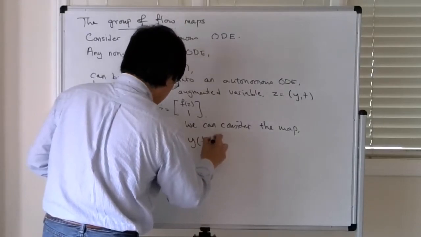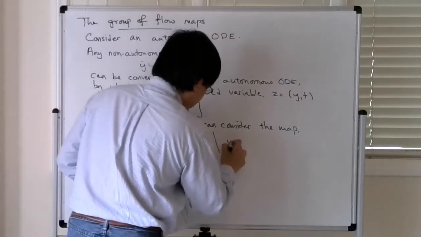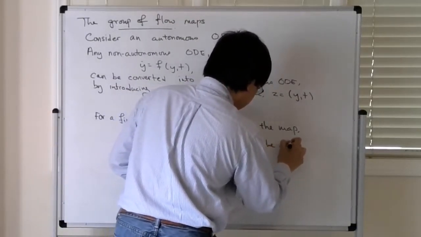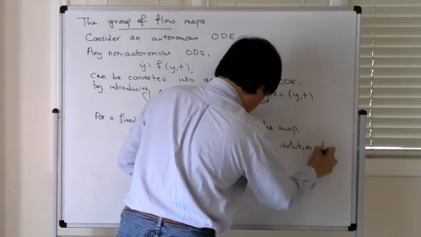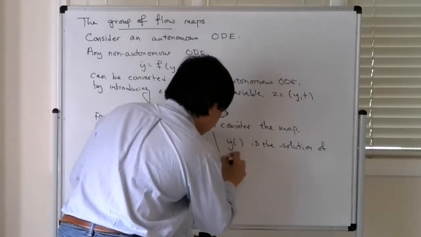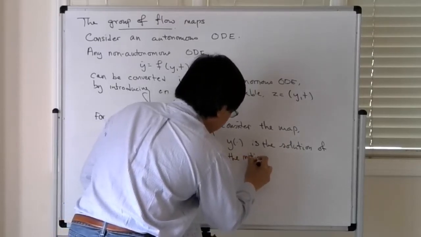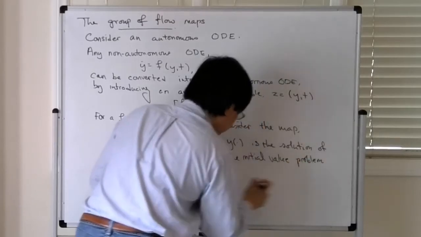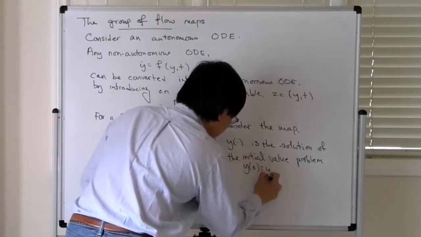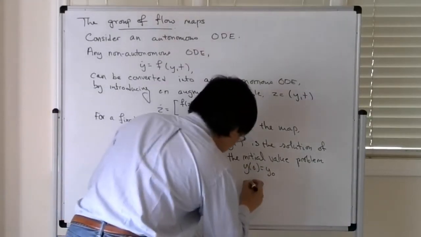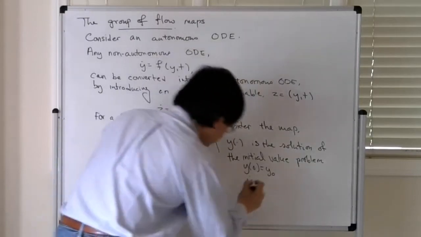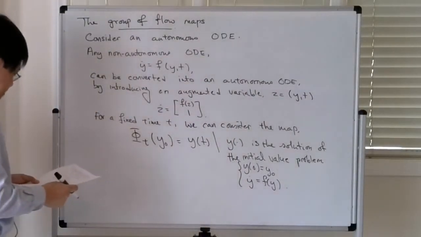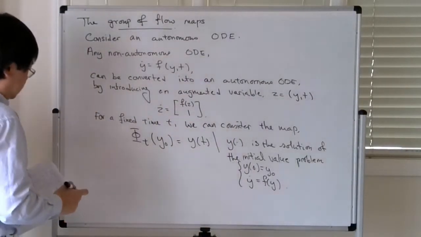So it's y of t, with the proviso that this y is the solution of the initial value problem, which says that y at time 0 is y0, and then y dot is equal to f of y. Okay, so this thing is what we call the flow map.